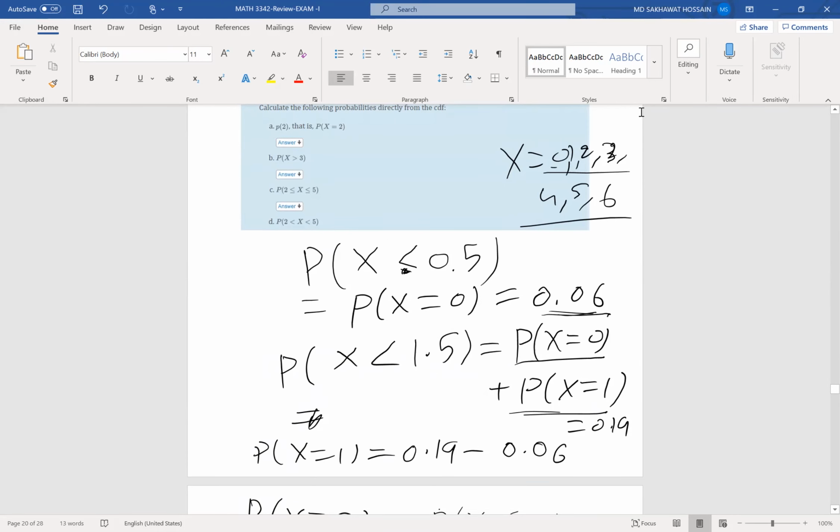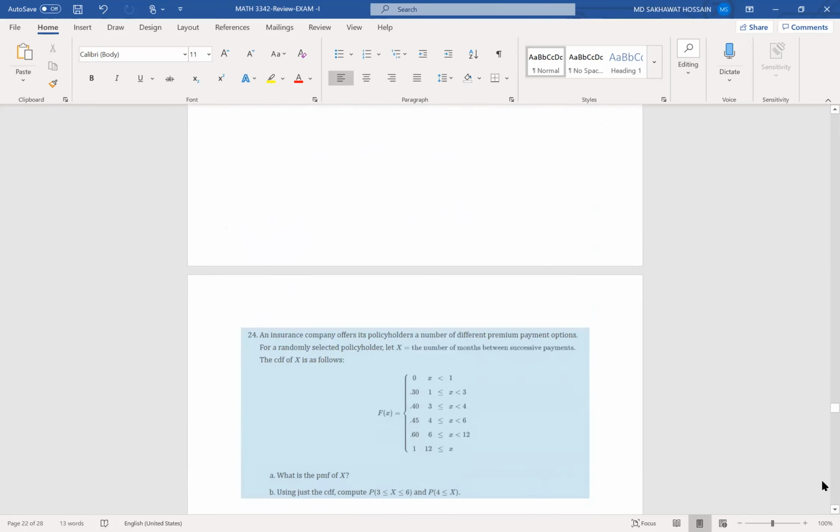Okay. So now part B is the probability of x greater than 3. For the CDF, we already know it always gives the probability of less than or equal to. So in that case, we can use the complement.